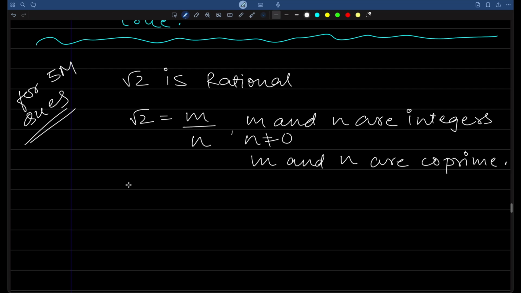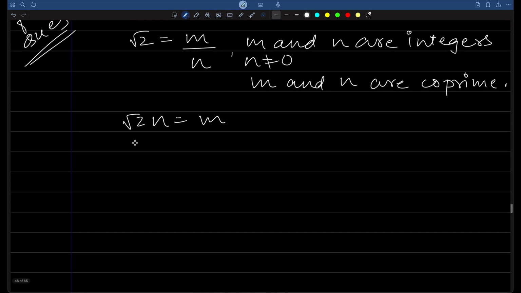So this is root 2 n equals m. Now squaring both sides, we get 2n square equals m square.